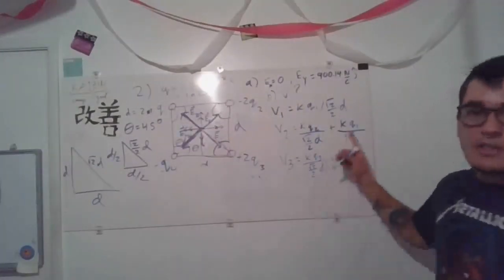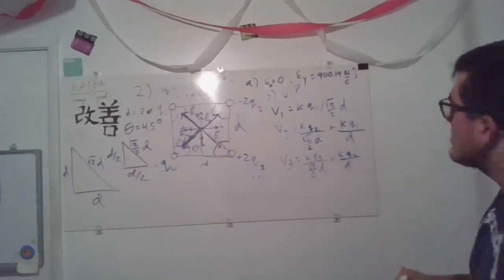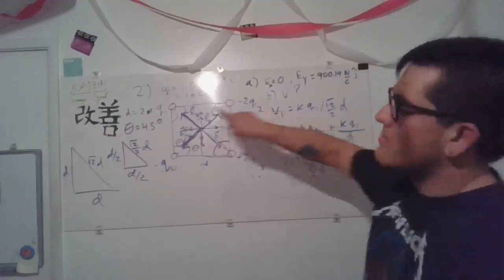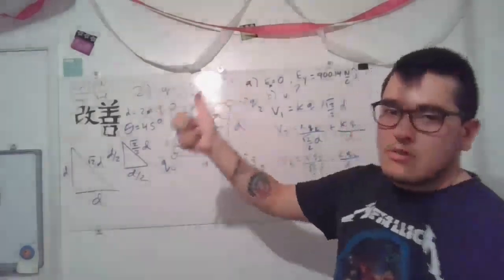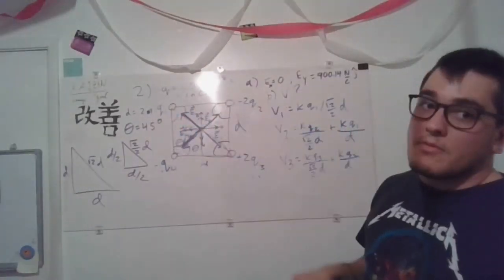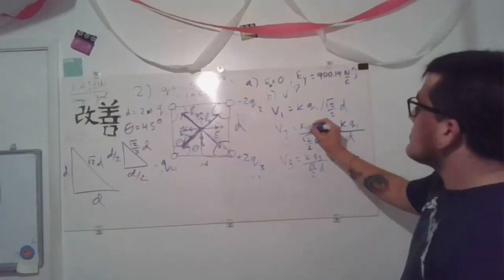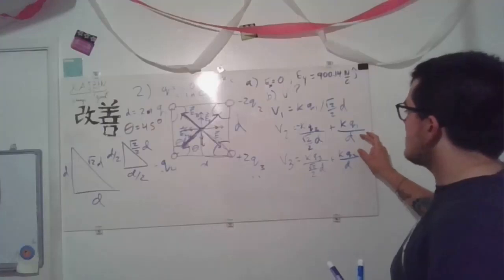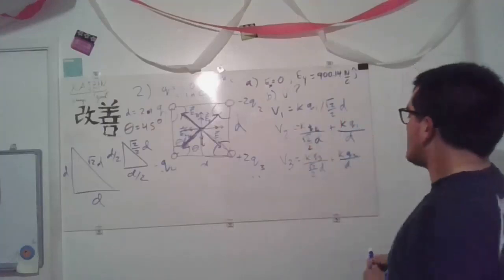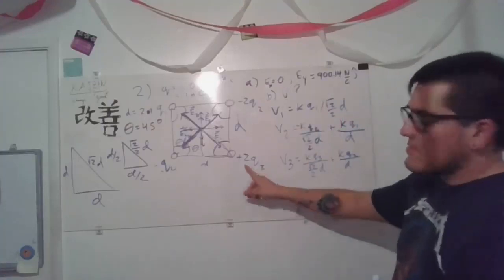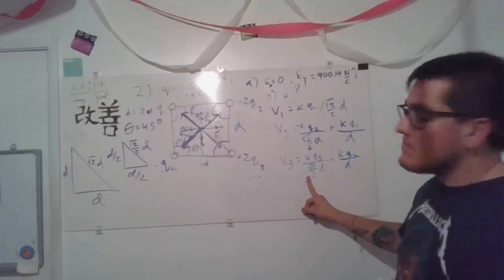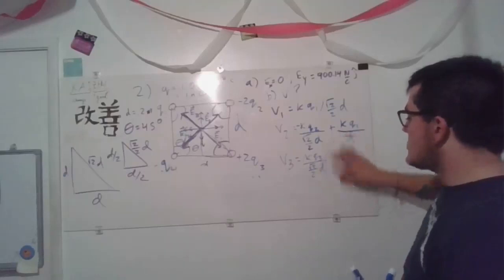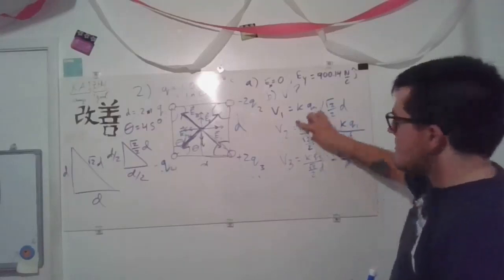And also, should I be considering my signs anywhere in here? Probably, right? How about V1? V1 is a positive potential. Good. How about V2? Negative potential. And then Q1 is still positive. V3, positive. Q2, remember, is negative. So this is a negative.